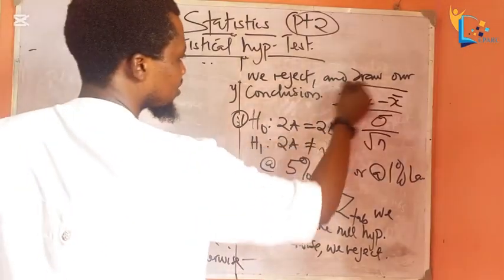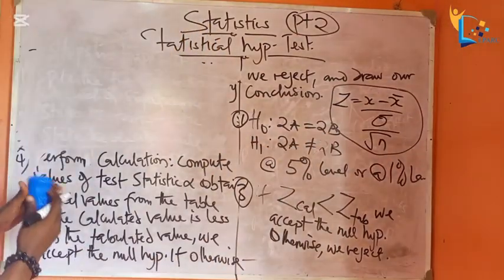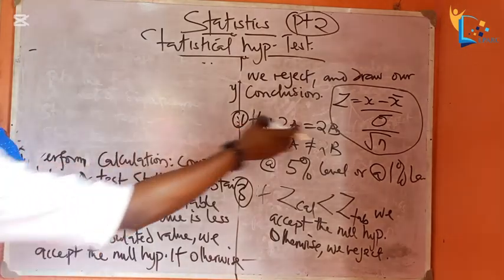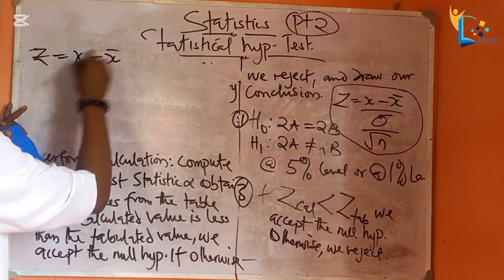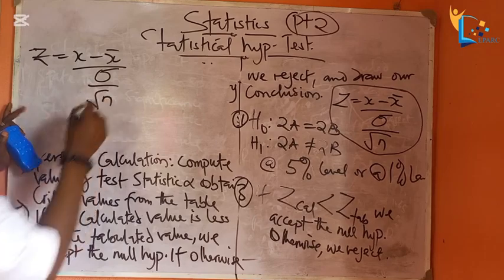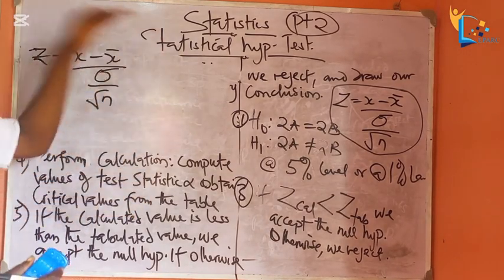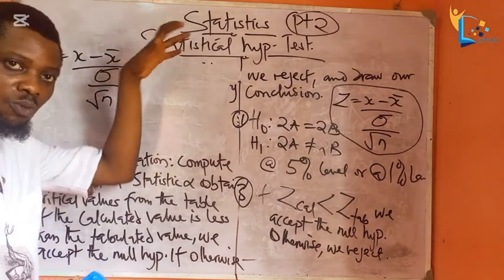So you perform the calculation by computing the values for this, from your question, as that information will be given to you in the question.